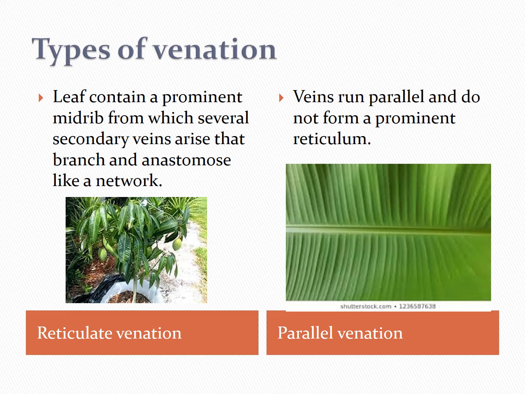Here all veins run parallelly, so it is called parallel venation. But in the other, the veins form a prominent reticulum, that's why it is called reticulate venation. Now, do you understand the difference between them?